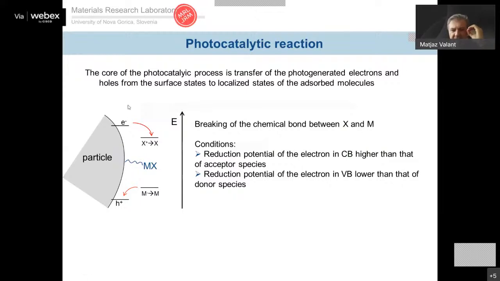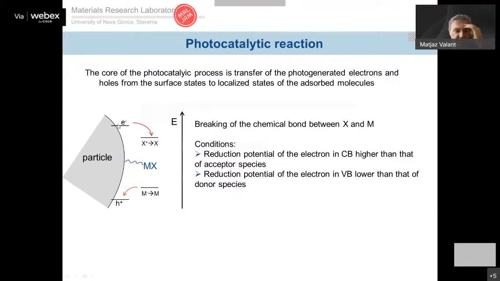Let's imagine that we have now everything done right, and the electrons and the holes have arrived on the surface. Now, how would they then react with the species in the media?